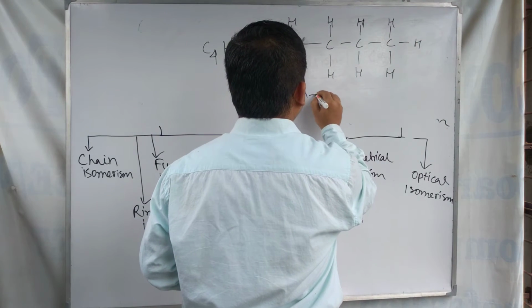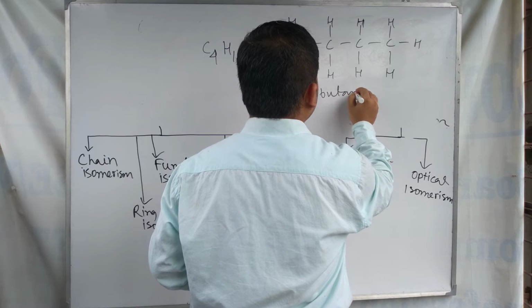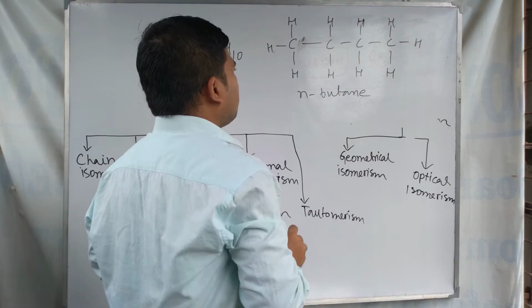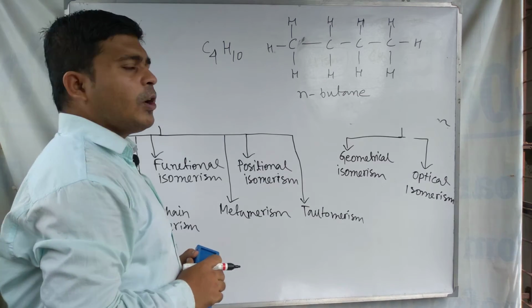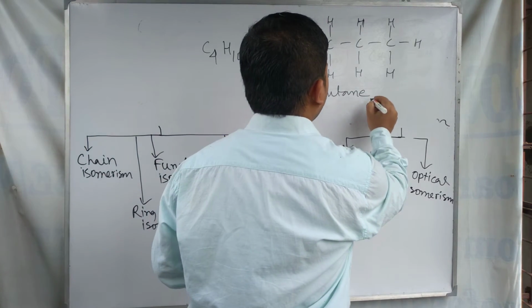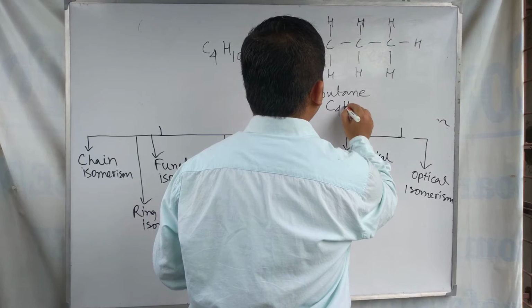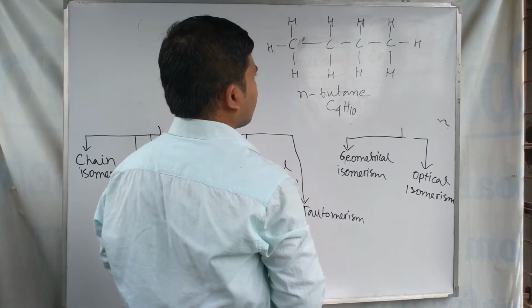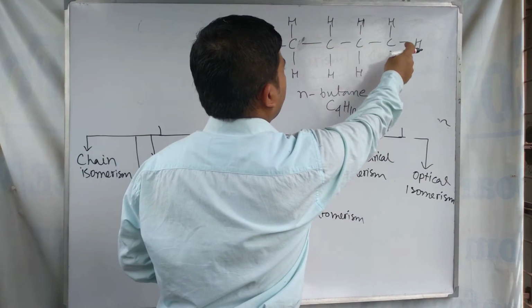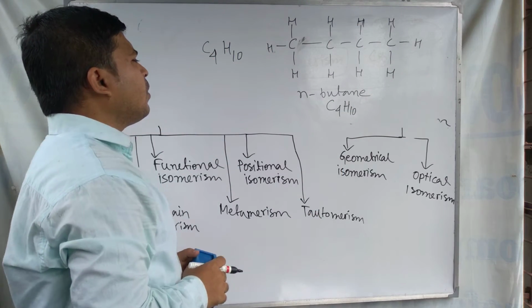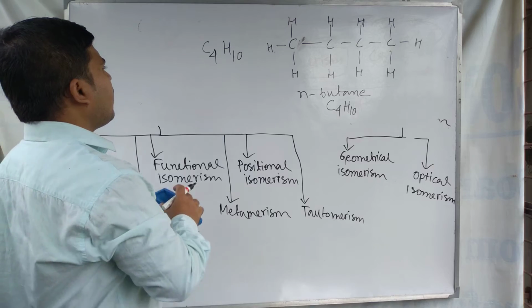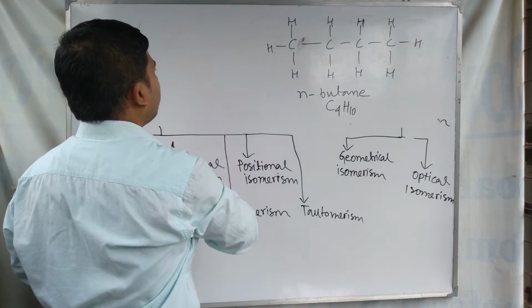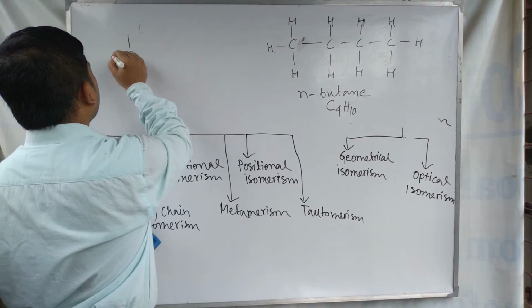This one is called n-butane. It has the molecular formula C4H10: count 1, 2, 3, 4 carbons and H10. Similarly, using this C4H10 we can also draw another compound.